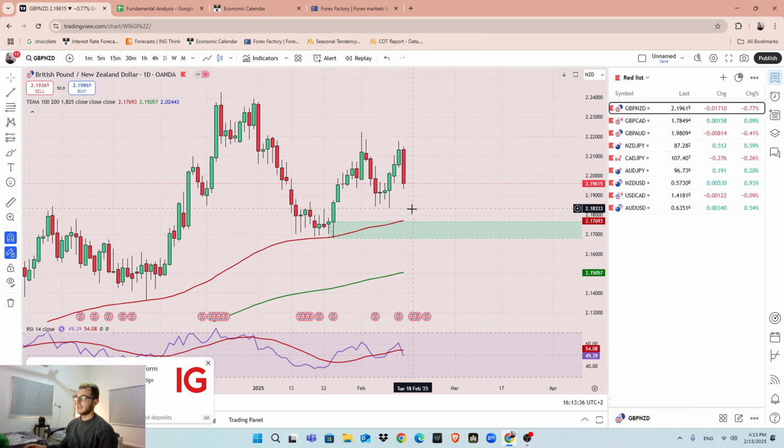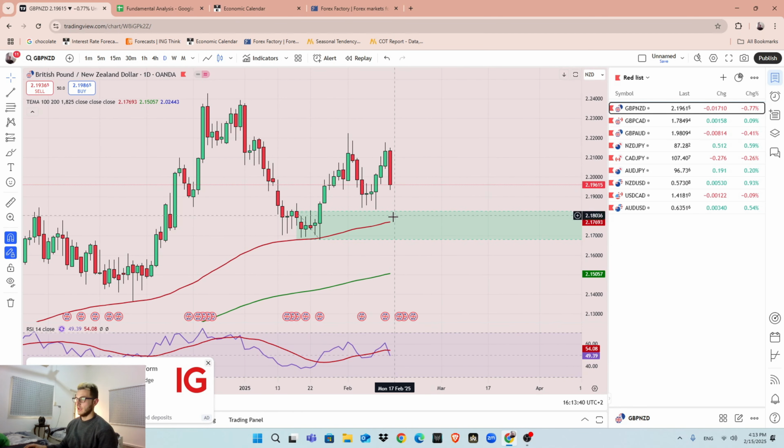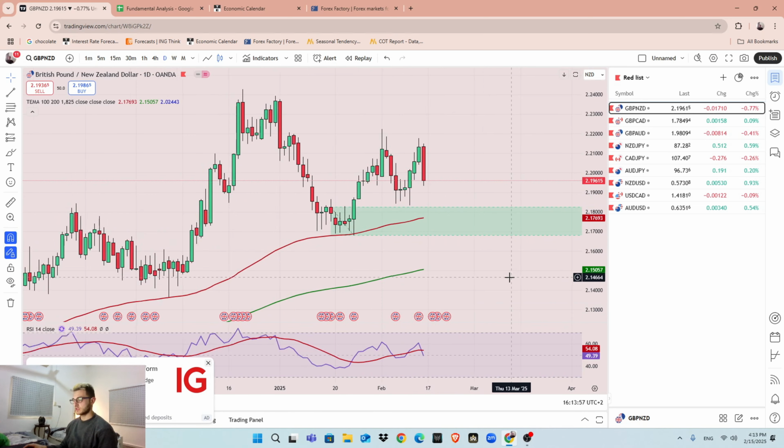Hopefully we will get into this area right here, and in this area it will be a stop hunt, so hunting the swing low with data aligning with the push to the upside. I will be looking to take a long position.